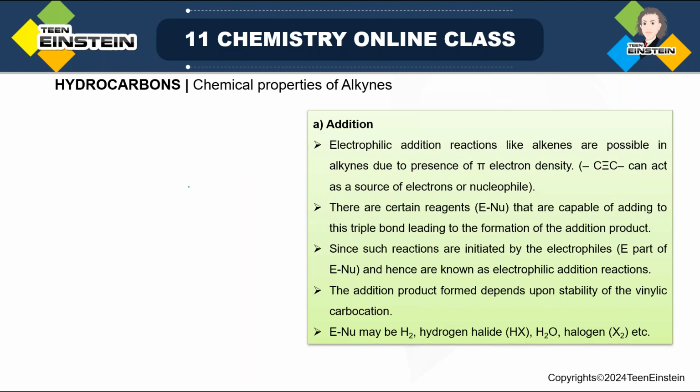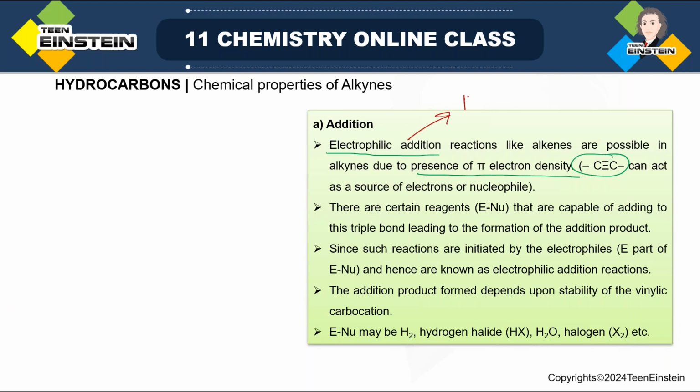So what is addition? Electrophilic addition reactions like alkenes are possible in alkynes, and that is because of the presence of pi electron density. In the CC triple bond, there are pi electrons, and here we are saying it is addition, but what type of addition? It is electrophilic addition, not nucleophilic addition. Why do we call it electrophilic addition?